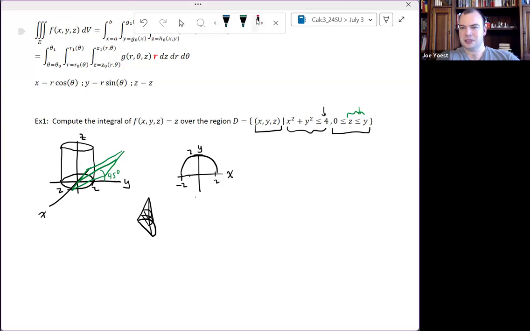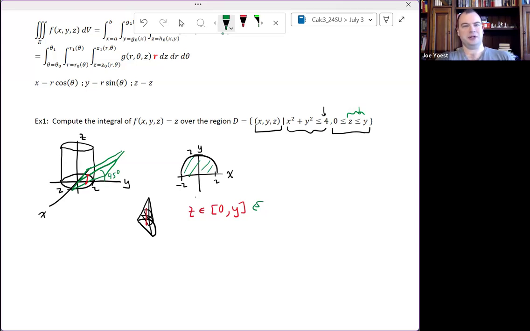And then, of course, z is going from, if I take a vertical cut here, maybe looking something like this, z is going from 0 to y. Okay, so in the horizontal plane, I want to describe this two-dimensional region somehow. And then my z is going to go from 0 to y.